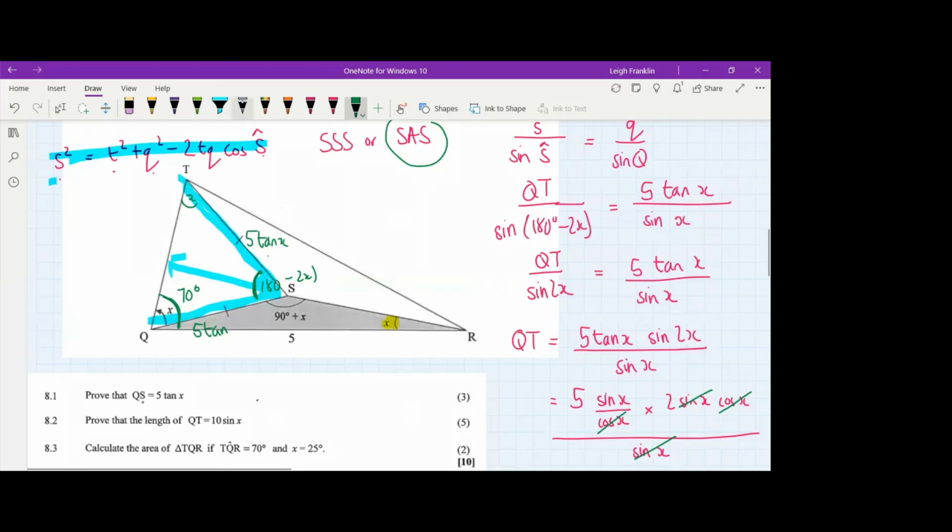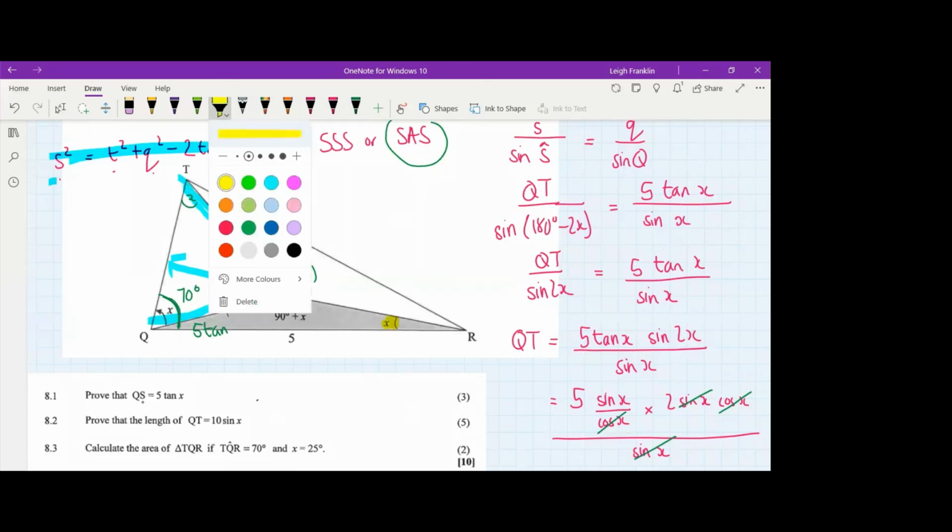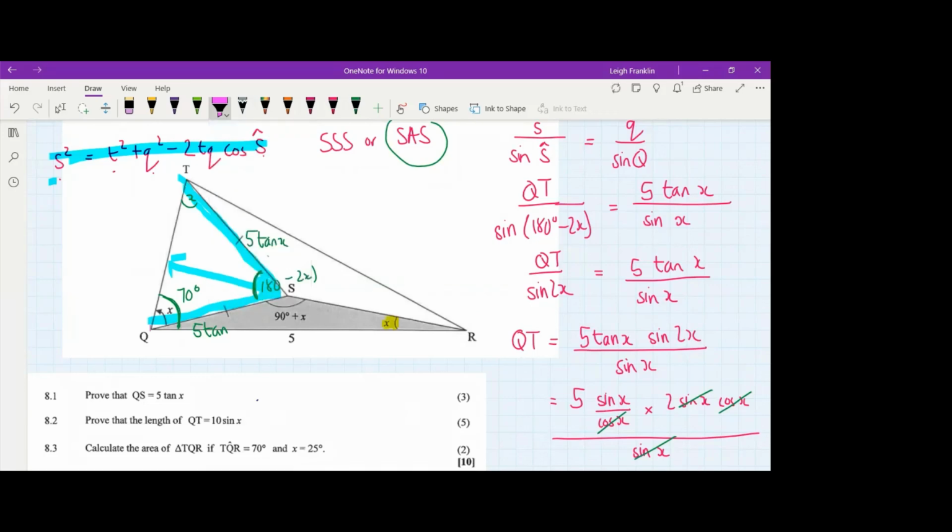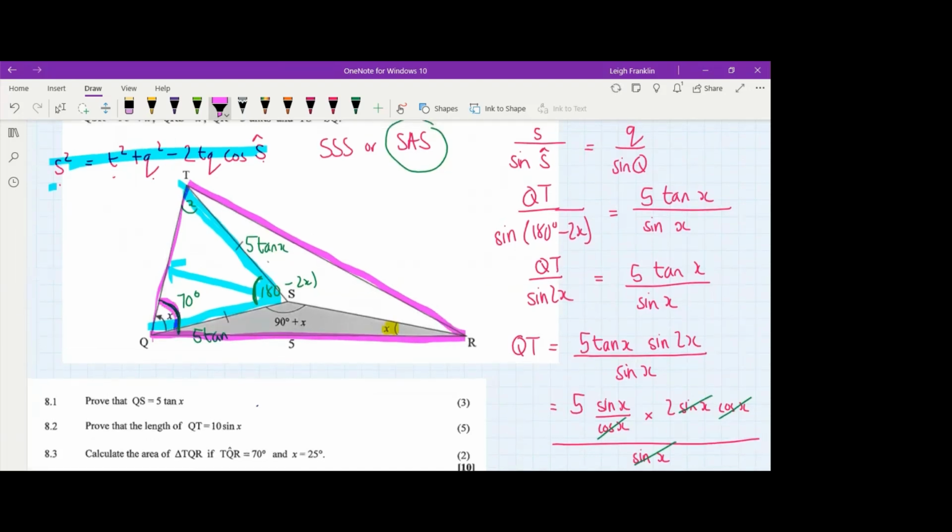The triangle that they're asking us to calculate the area of is this one. Let me just highlight it in bright pink. So this triangle here, the big triangle. Does that make sense to everybody? This angle over here is the one that's 70.